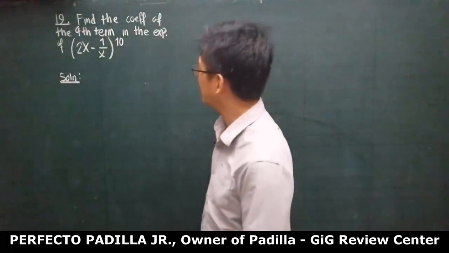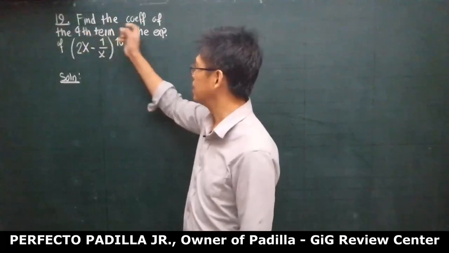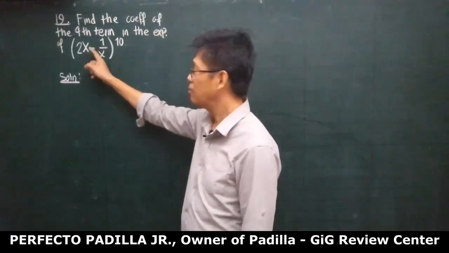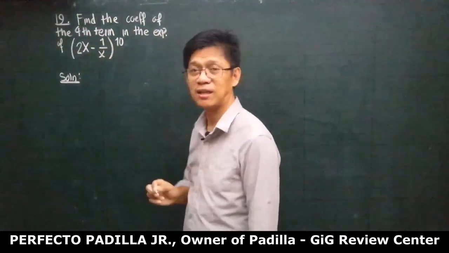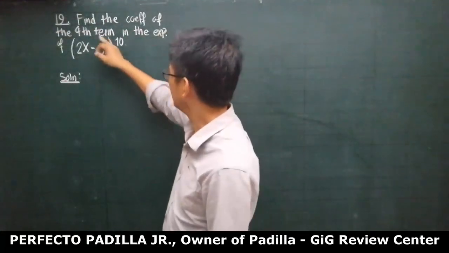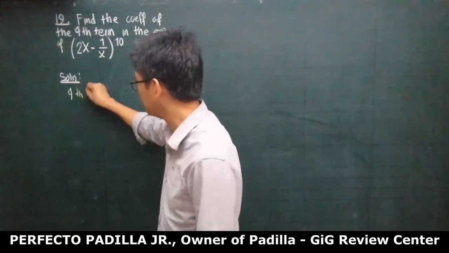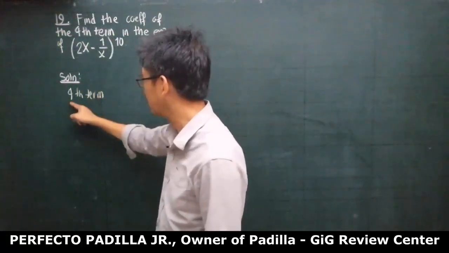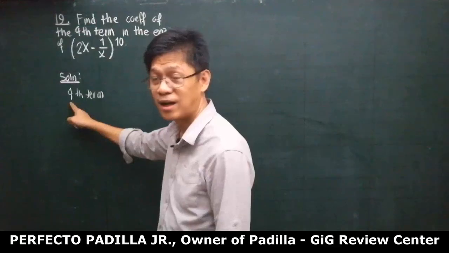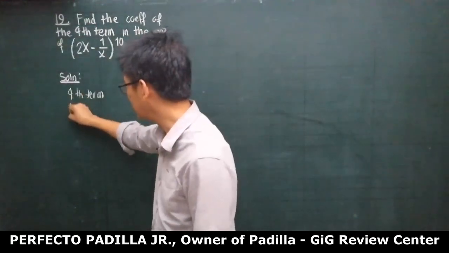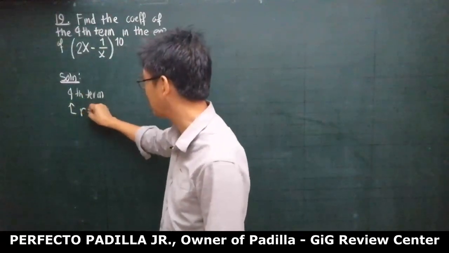We're asked here to find the coefficient of the fourth term in the expansion of 2x minus 1 over x to the 10. So, solving this, yung fourth term ang hinahanap natin for the fourth term. This one is r plus 1. R plus 1 is 4. It means, what is our r? 3.